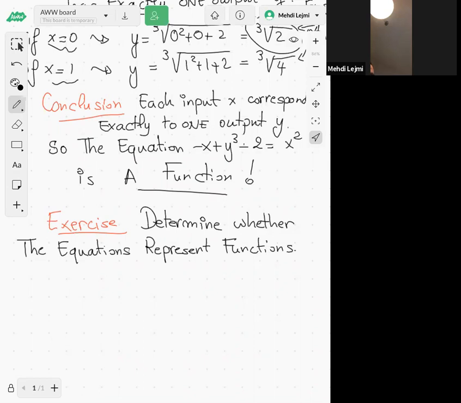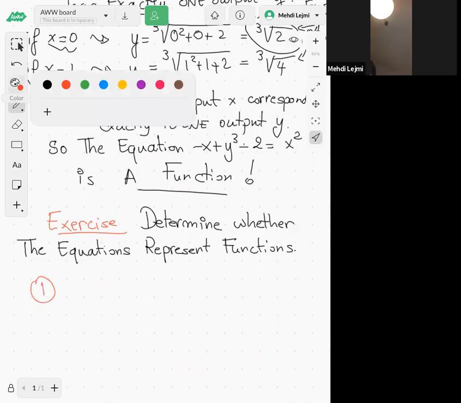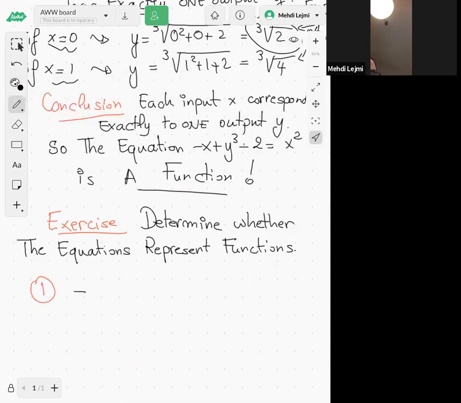Let's see. So first, number one. So again, here we always assume that x is the input, right? And my y is the output.